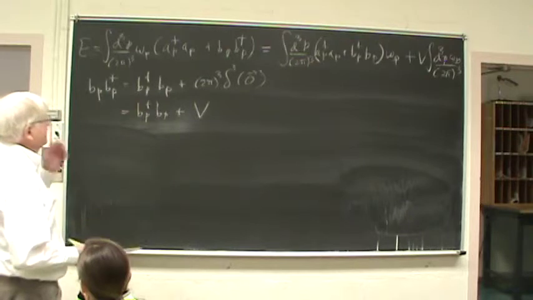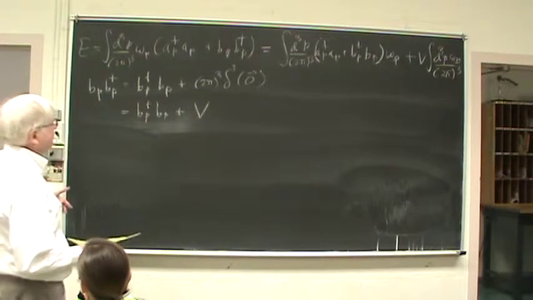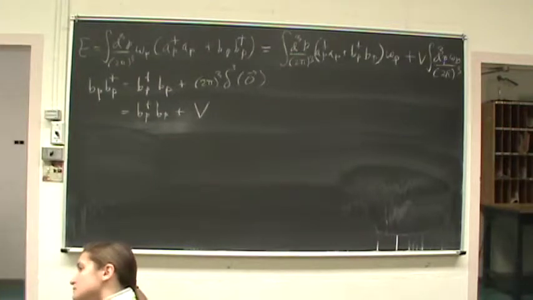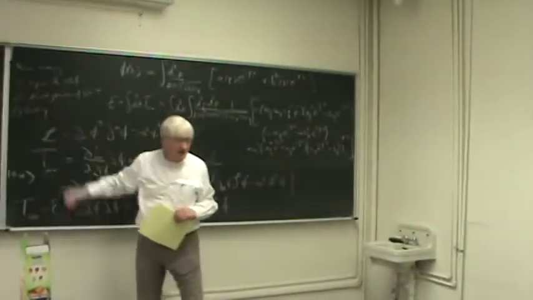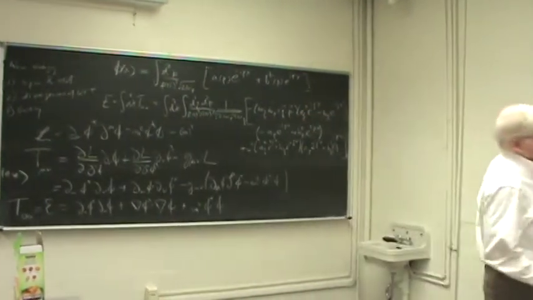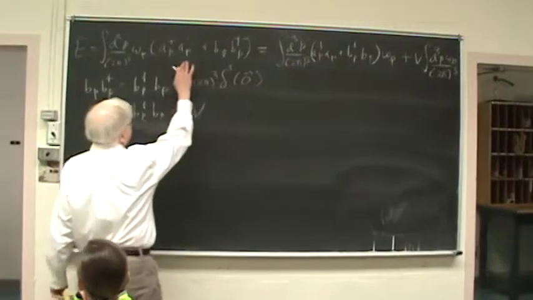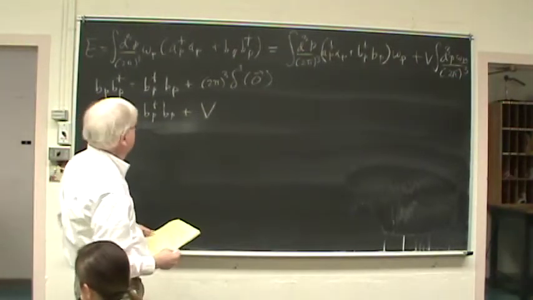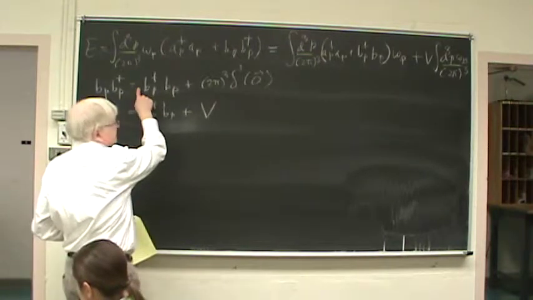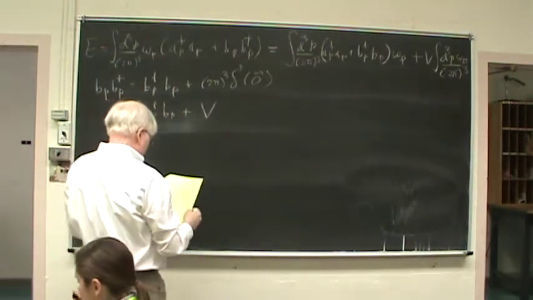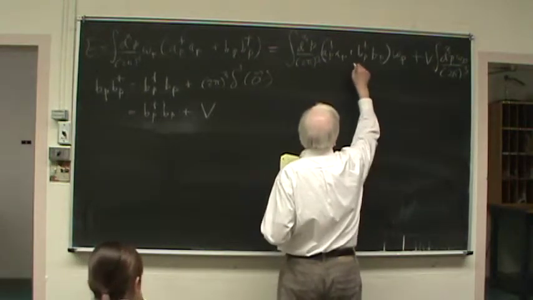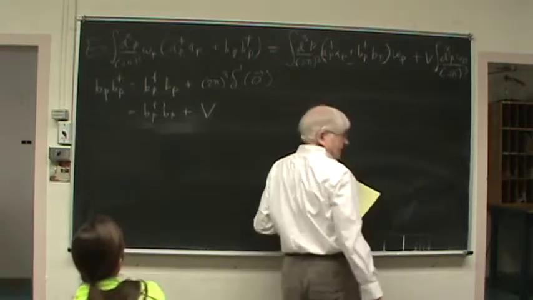All right, but there's another lesson here, and the other lesson is the spin statistics aspect. Namely, suppose we had chosen to have these operators anti-commute rather than commute. Well, then we would have had a minus sign here. And what we would have gotten was the same thing, but a minus sign there.